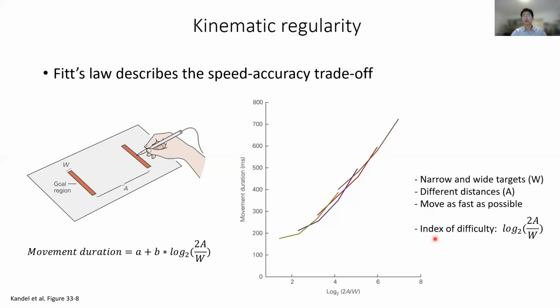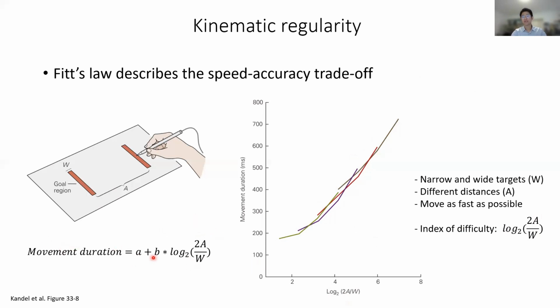Here we have introduced the index of difficulty, which is the logarithm of twice the distance divided by the target width. That means if you have a very far movement distance but a very narrow target, that is more difficult, and vice versa. If we plot this in the logarithm, we see a linear relationship between the index of difficulty and the movement duration.